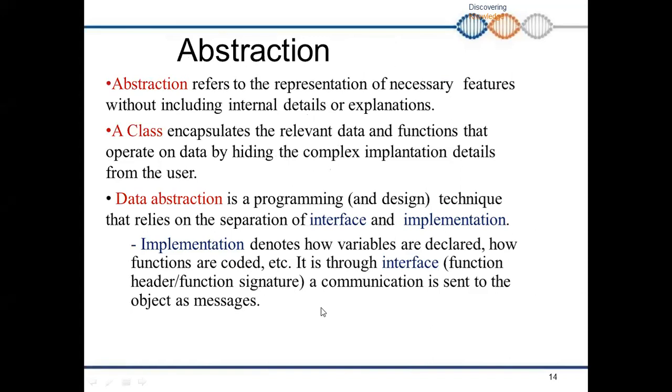Abstraction refers to representation of necessary features without including internal details or explanations. Abstraction is basically hiding the internal complex detail from the user. For this, in OOPS, we use class, because class encapsulates the relevant data and functions that operate on data by hiding the complex implementation detail from the user.